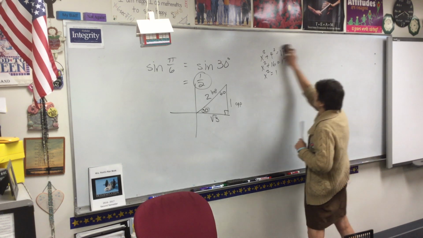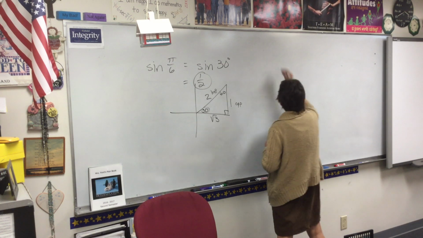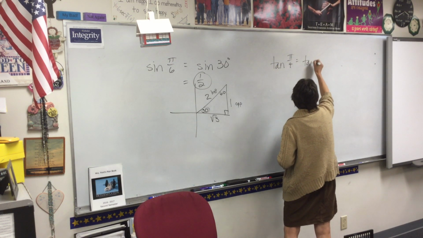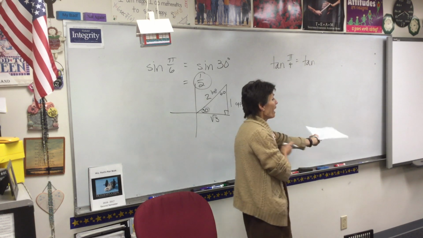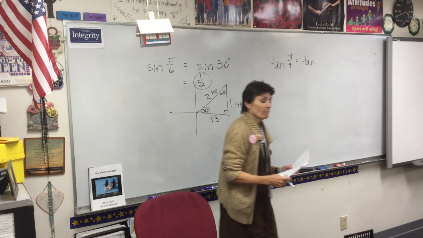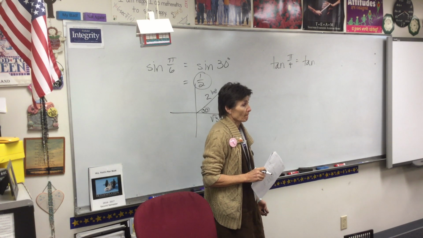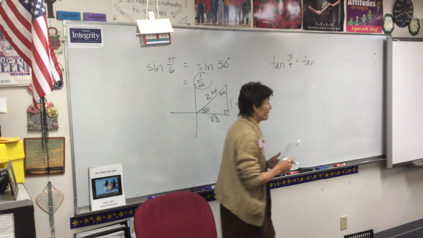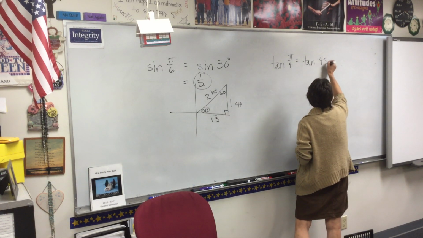All right, so the first thing we might want to do is figure out, okay, what angle are we dealing with here? Pi over 4. Well, pi is 180, divided by 4 would be 45. So this is the tangent of 45.